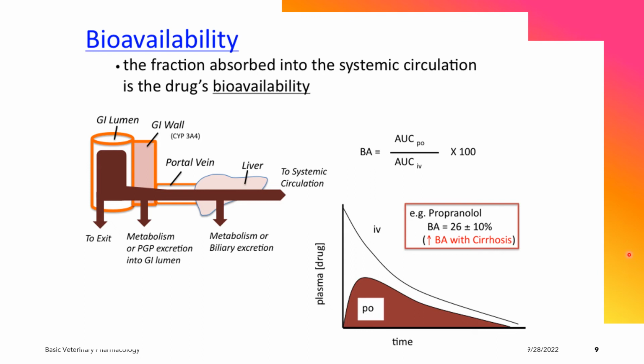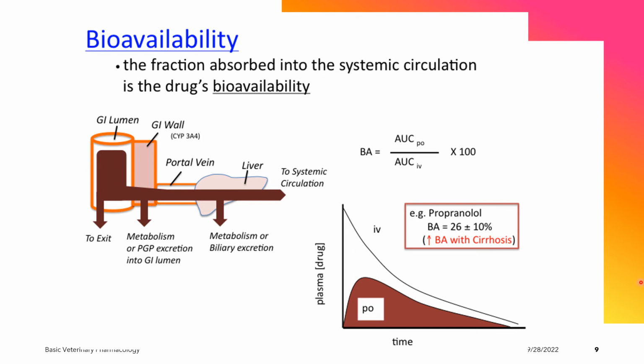So the reduction in the AUC after oral administration can be due to different mechanisms. Number one is the pH or bacterial mediated metabolism of the drug within the GIT. We also have incomplete drug absorption from the GI tract. That is also one of the disadvantages of GIT absorption because there is an erratic absorption. You cannot predict the absorption when you are going to administer a drug orally.